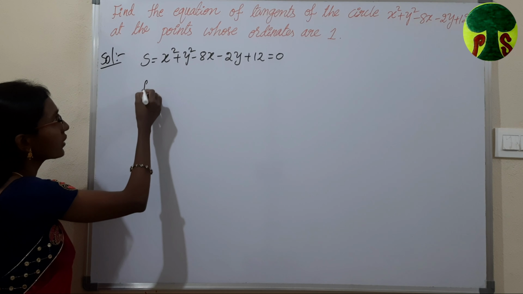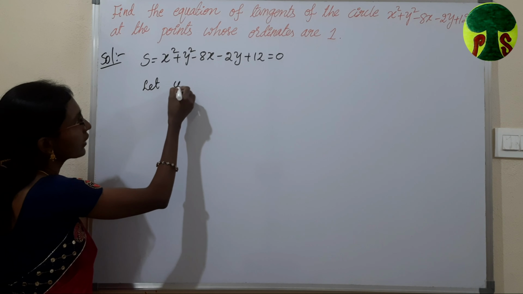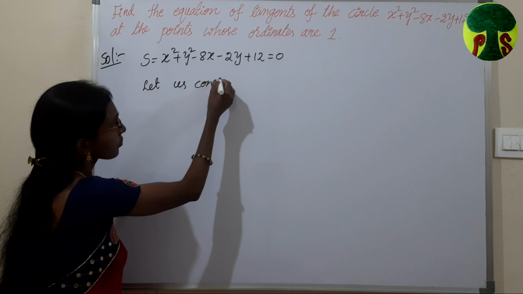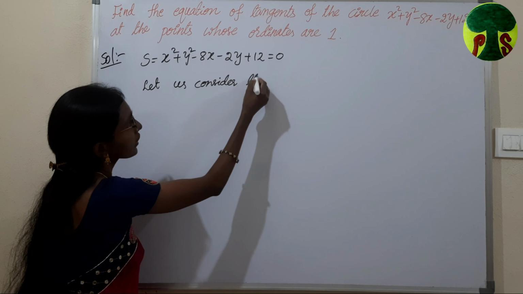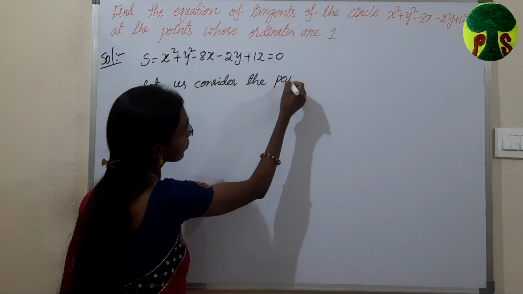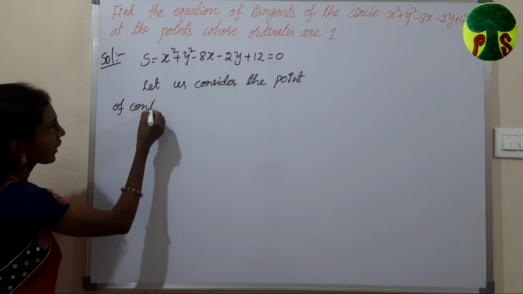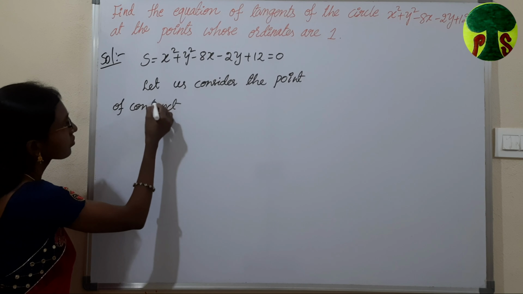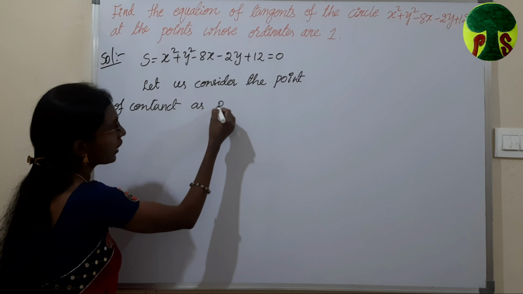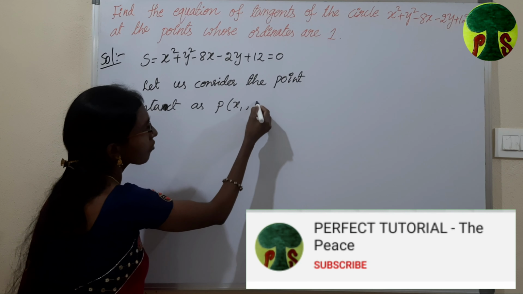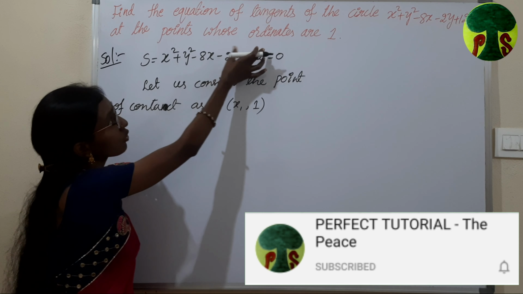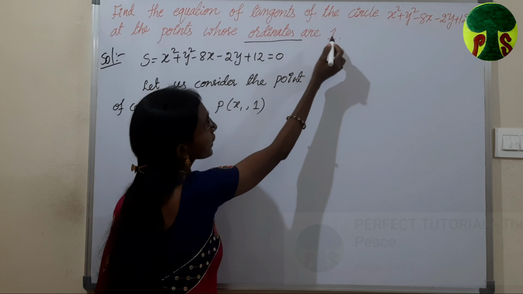So, let us consider the point of contact as P(x1, 1), because in the question he has mentioned that the ordinate is 1.